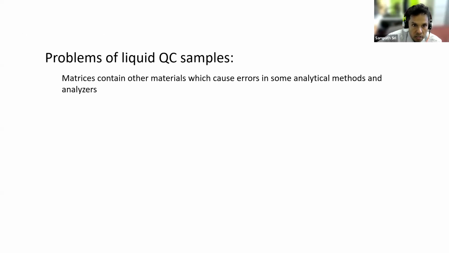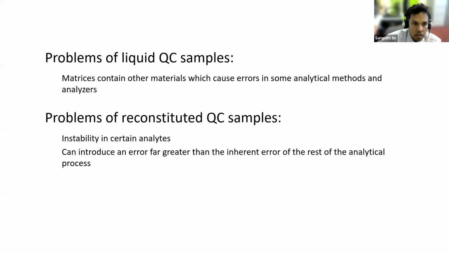One is liquid QC samples, and liquid QC samples usually have other materials that can cause errors in some analytical methods. If we are using reconstituted QC samples, their stability can be an issue for certain analytes, and they can also introduce errors when we are making these samples.